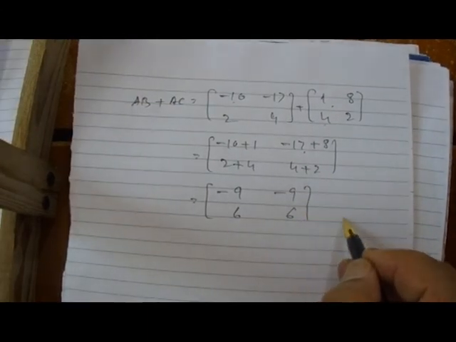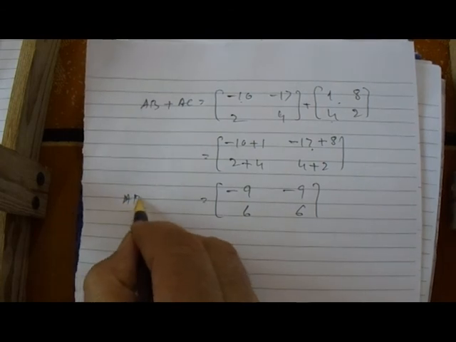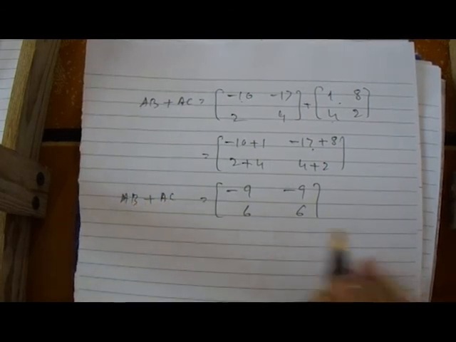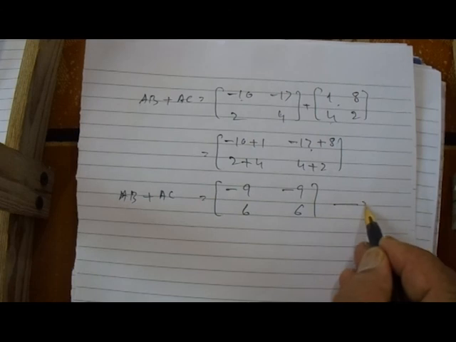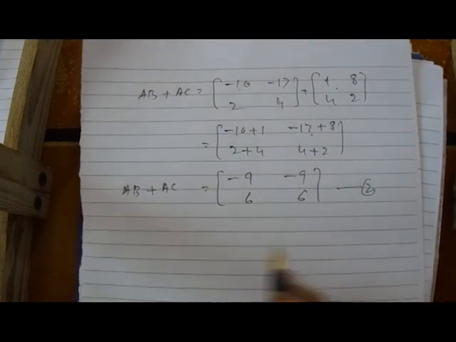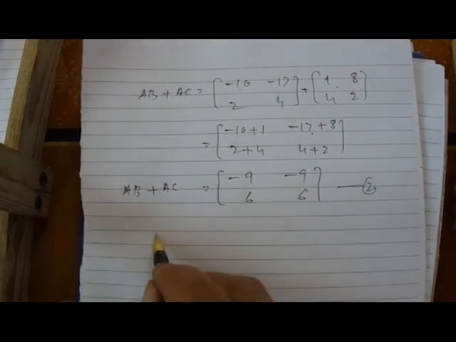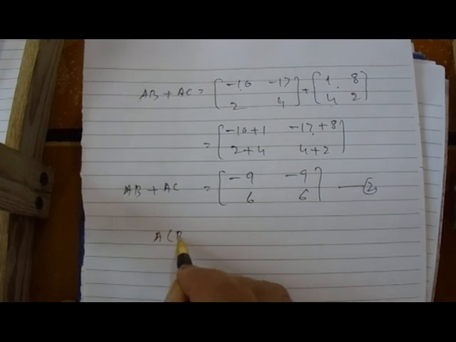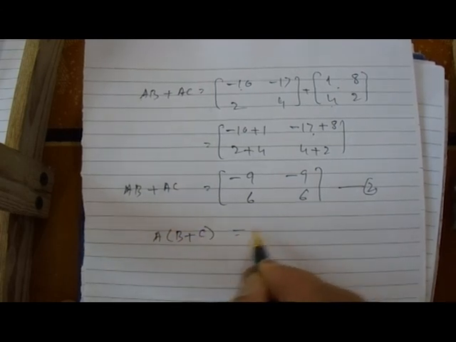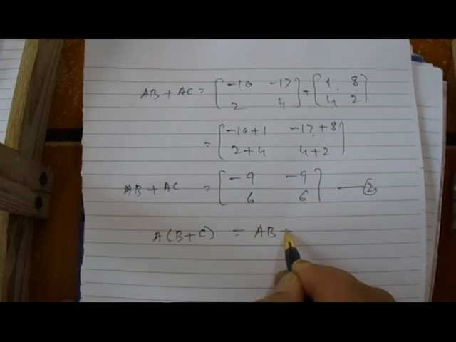Now this is equal to AB plus AC, and this is our result 2. From 1 and 2 we write A into B plus C is equal to AB plus AC.